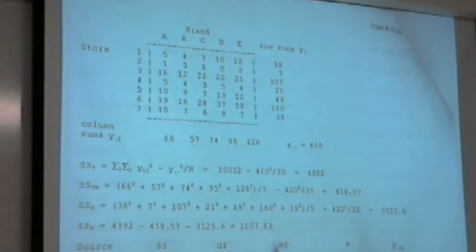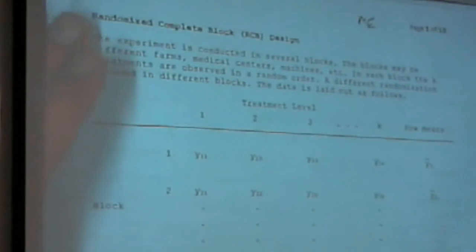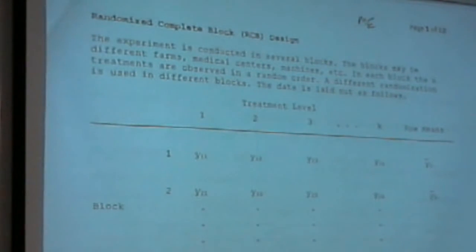So if we go back and look at this layout, the layout is supposed to be, here's block 1, K treatment levels, here's block 2, K treatment levels, and so forth.